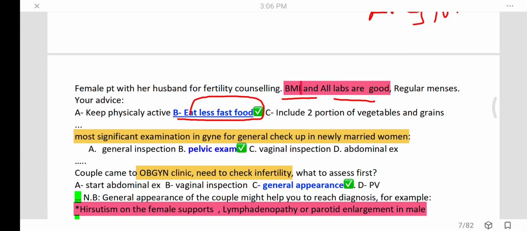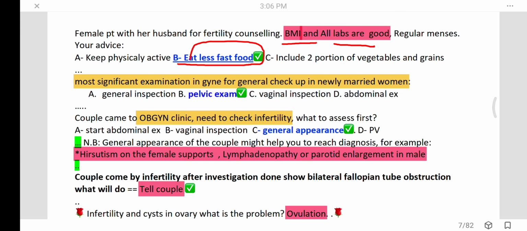The other question is: the most significant examination in gynae for a general checkup in newly married women. Here you have to remember one thing. If they ask the most significant examination, then it is the pelvic exam. But if they ask what is the first thing to assess, then you have to do the general appearance or general physical examination.